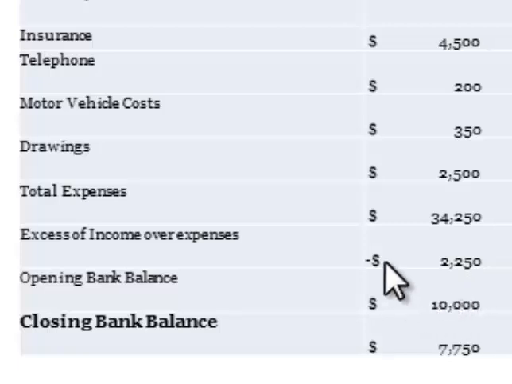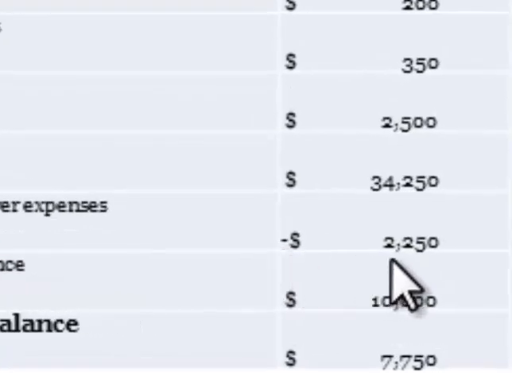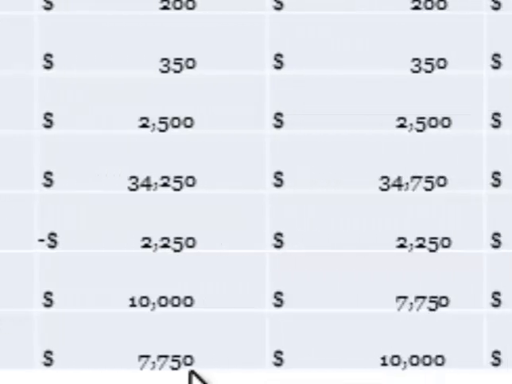That's difficult to see in this particular example, but there's the tiny little minus sign. So we initially had 10 grand in the bank, so you can see that by the end of the period the closing bank balance was 7,750, accounting for this deficit. This closing bank balance then becomes the opening bank balance for the next month, and so on.